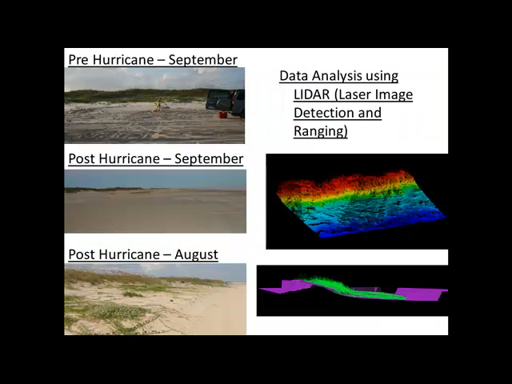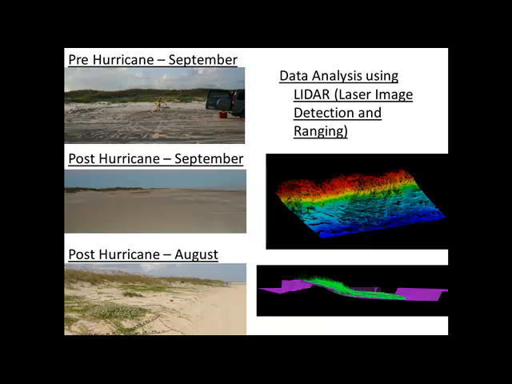This is some of the data that I took in the Matagorda Peninsula in Texas, and it's called LIDAR. It's laser image detection and ranging. It's similar to using radar, but what it does is it gives you a 3D image of the location you're looking at. So you can see on the right hand side that bottom picture with the purple and the green.